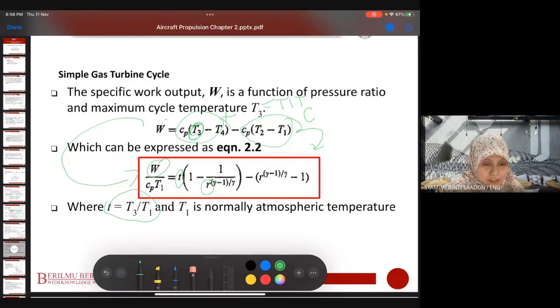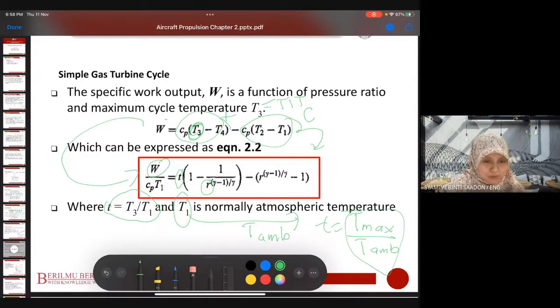It is the temperature of the turbine inlet over the temperature of the compressor inlet, which is normally the atmospheric temperature, T ambient. So t is the TIT, the maximum temperature of the cycle, over T ambient. So we can see the relation between the specific work output and the pressure ratio and also the temperature.